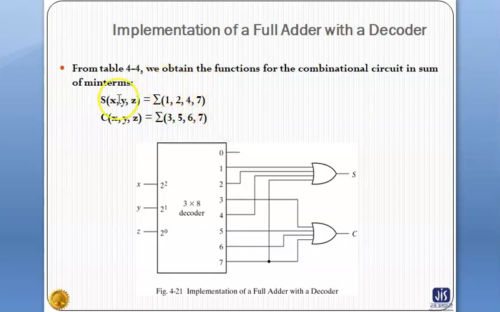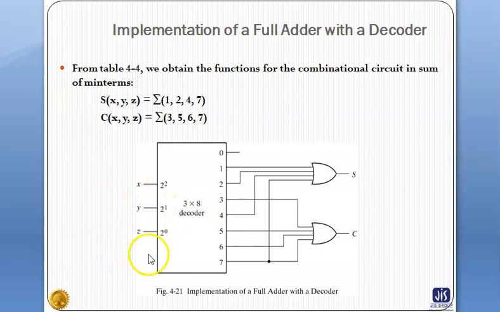Okay. So for the full adder there are 3 input lines X, Y, Z and 2 output lines, sum and carry, and we know that this is a 3 to 8 line decoder.